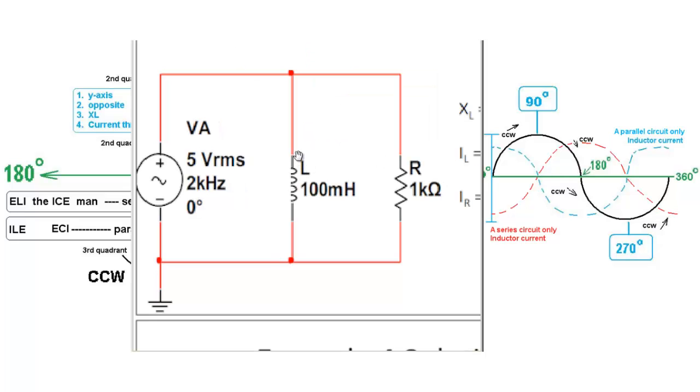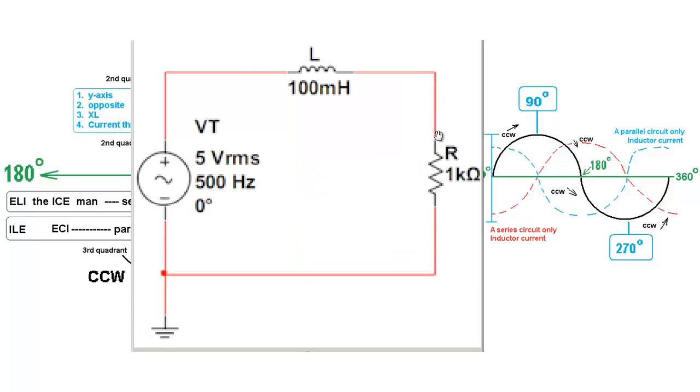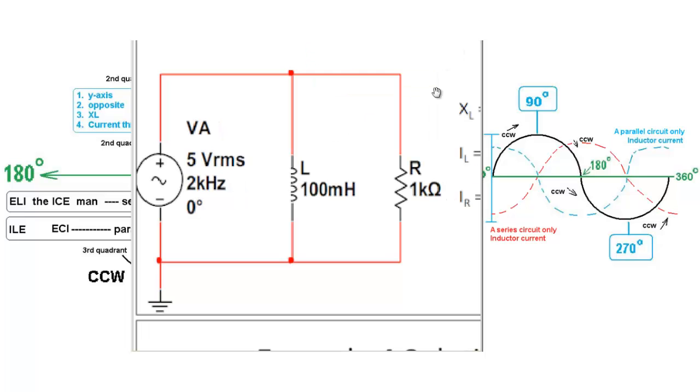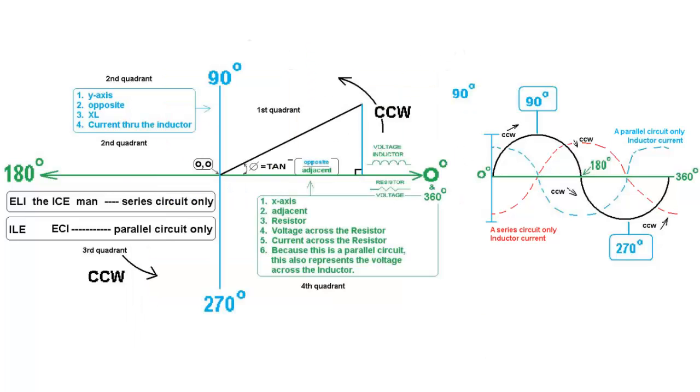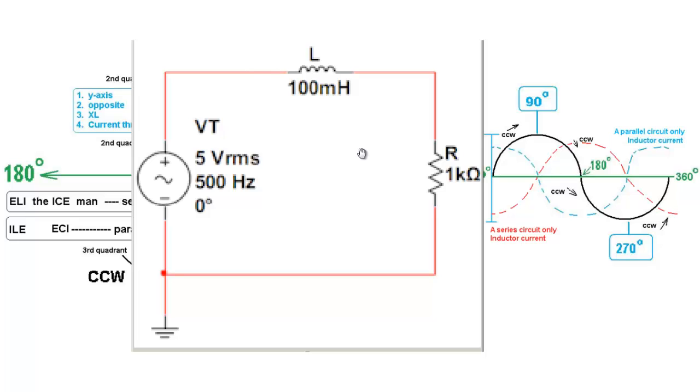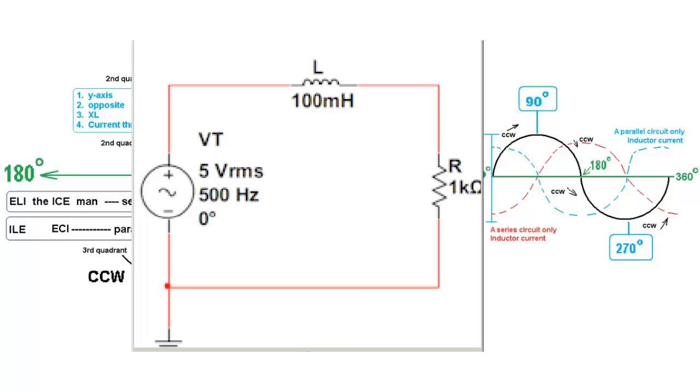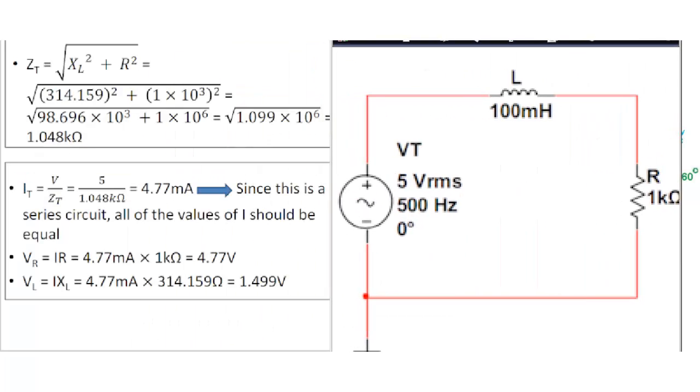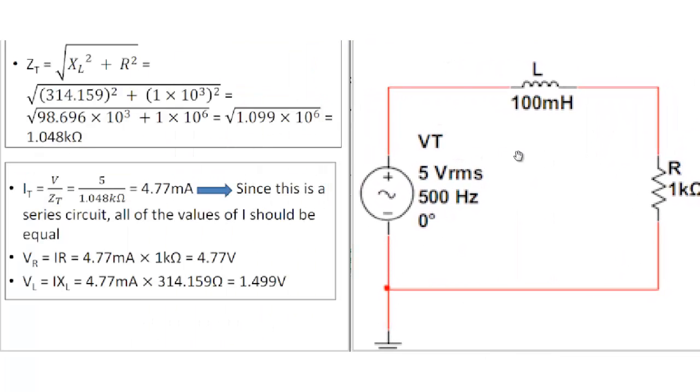Unlike this one, where the voltage is the same and the current is different, here you have the current the same and the voltage is different. So this is sort of an exercise and the equivalent math for an RL series circuit.